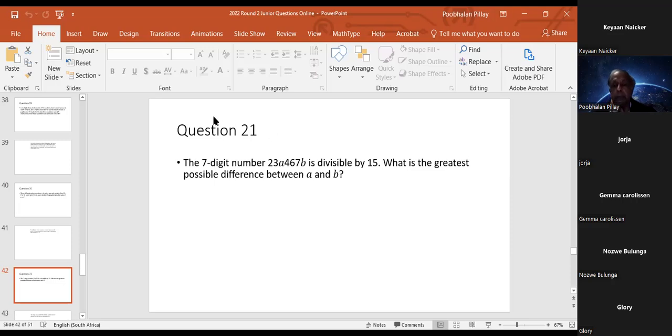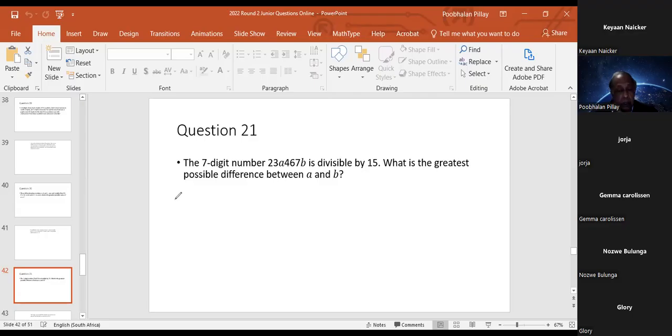Question 21, it says here that you got a 7-digit number. There it is, 23A467B. It's divisible by 15. What does it mean? If it's divisible by 15, that means it's divisible by 5 as well as 3.